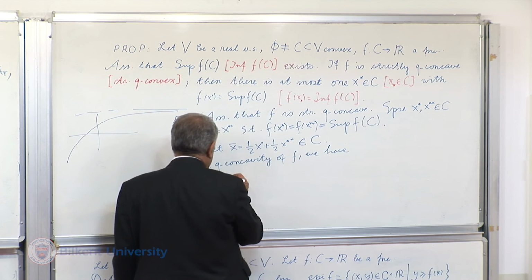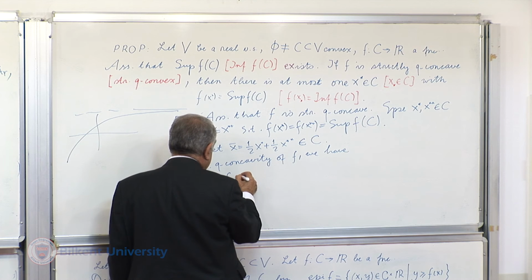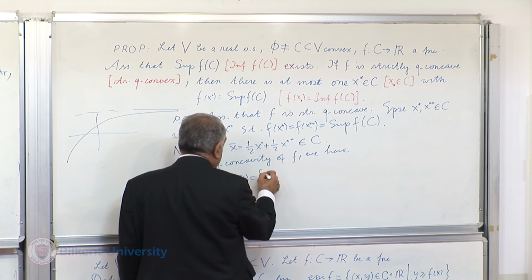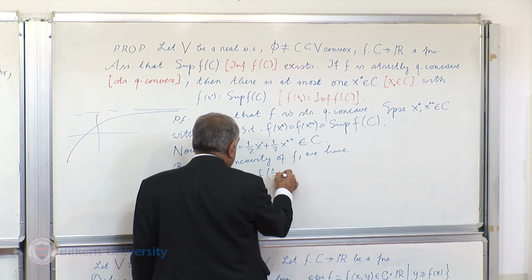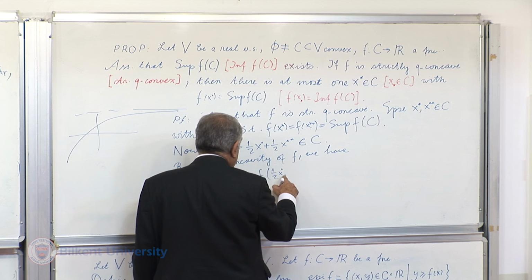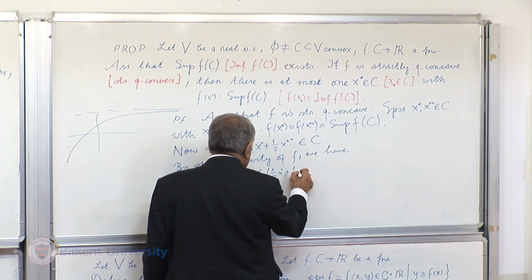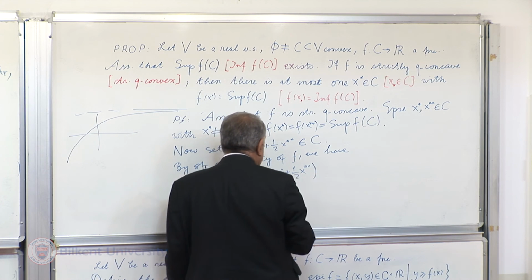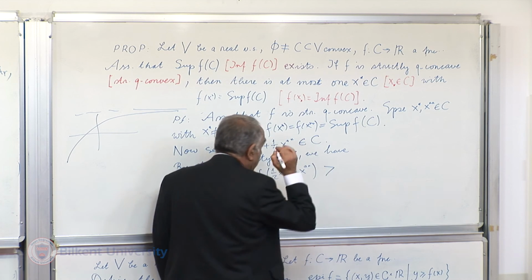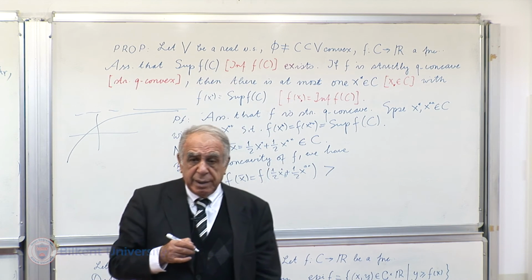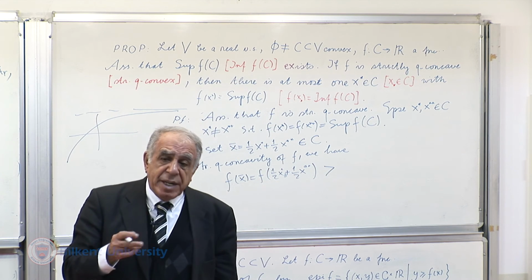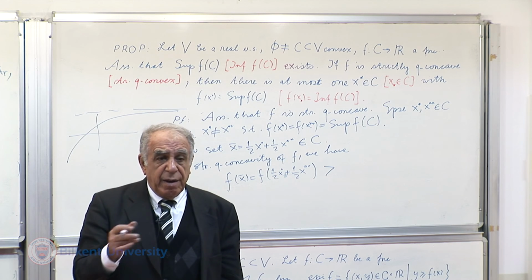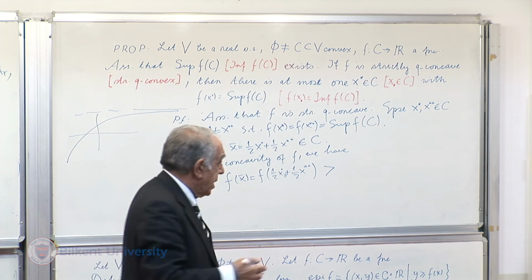we have what? f of x bar, well, this is f of 1/2 x star plus 1/2 x double star. Here our lambda is this. We know this is strictly larger than what? The minimum of the values of f at x star and x double star.